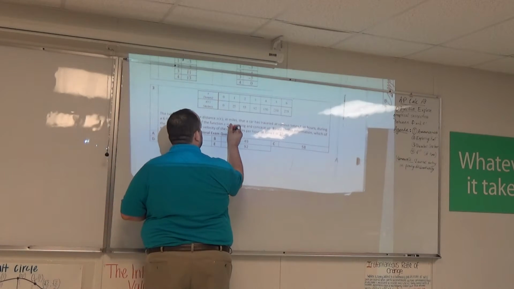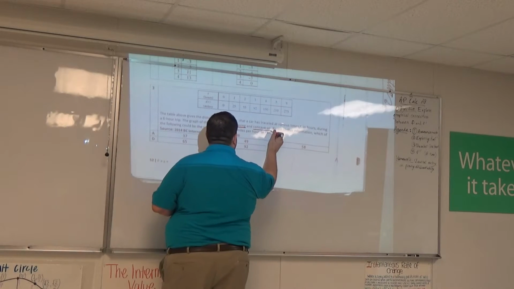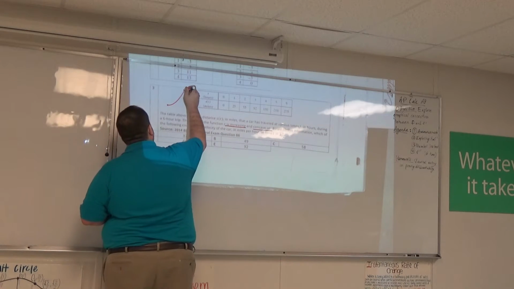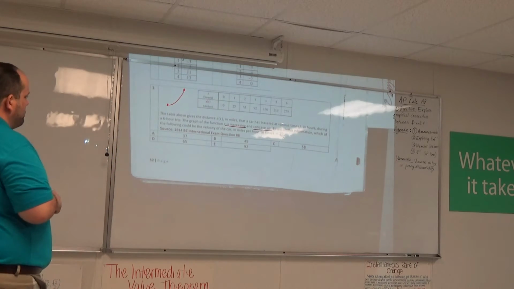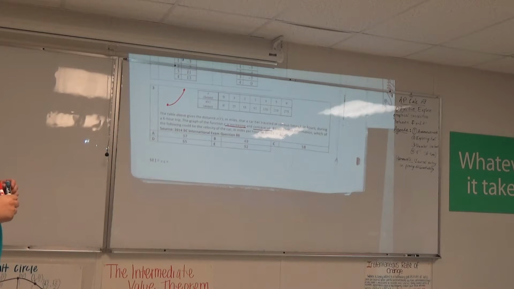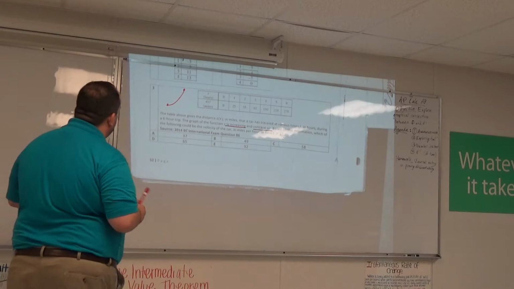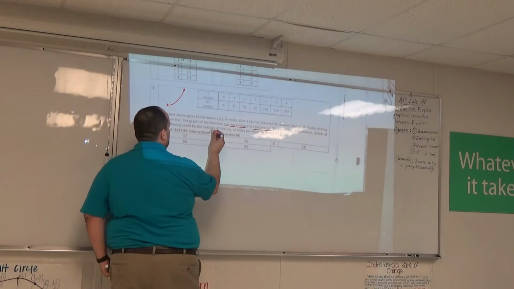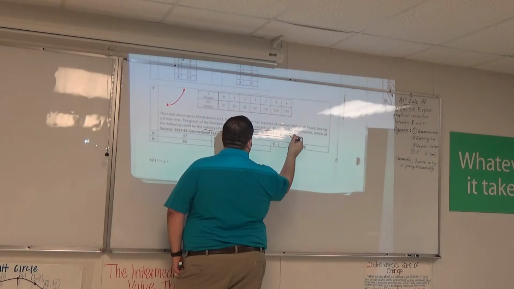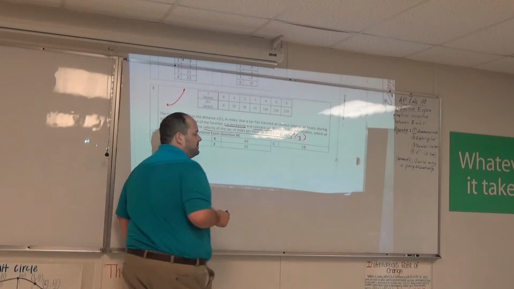S is increasing. A little sketch goes such a long way. David, how do you get velocity? If they've given you distance, how would you ever find velocity? Derivative, right? So I'm looking for an estimate for s prime of 3.